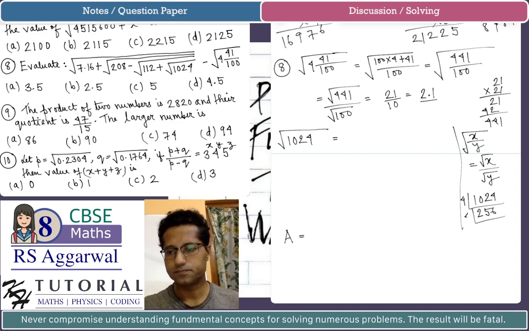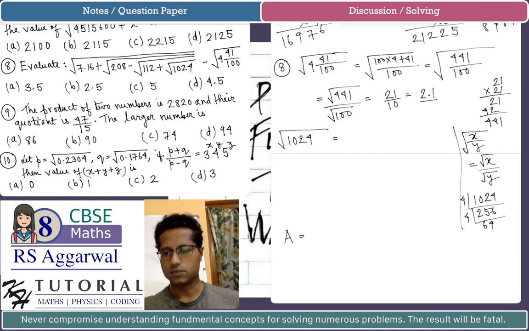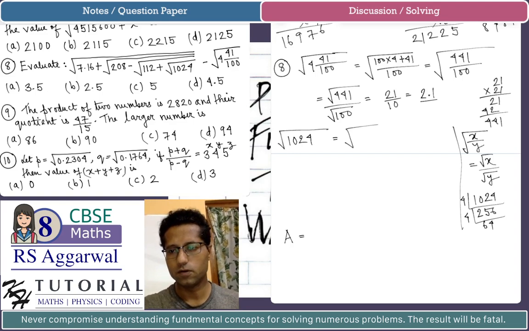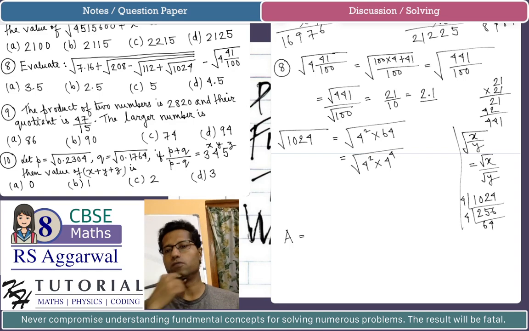So this is the square root of 4 square multiplied by 64.